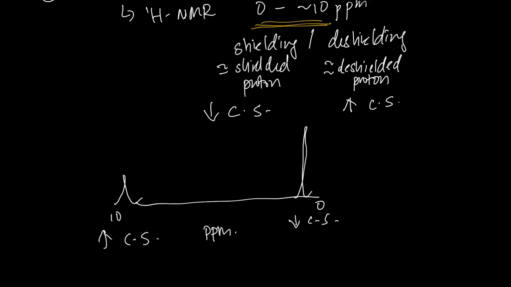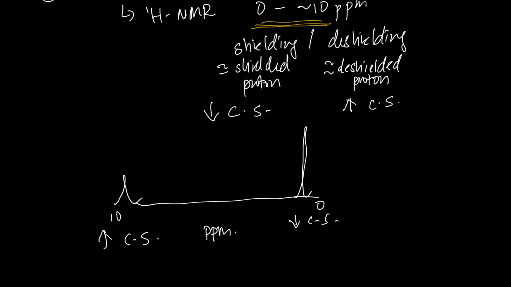As I mentioned just now, this chemical shift value is affected by the shielding or de-shielding effect. So now let's look at what this shielding or de-shielding effect is. Different types of protons, depending on the structure of the compound, have different chemical shift values.